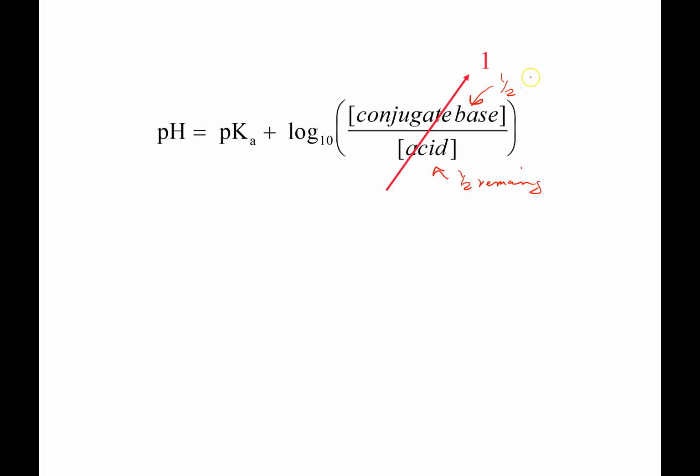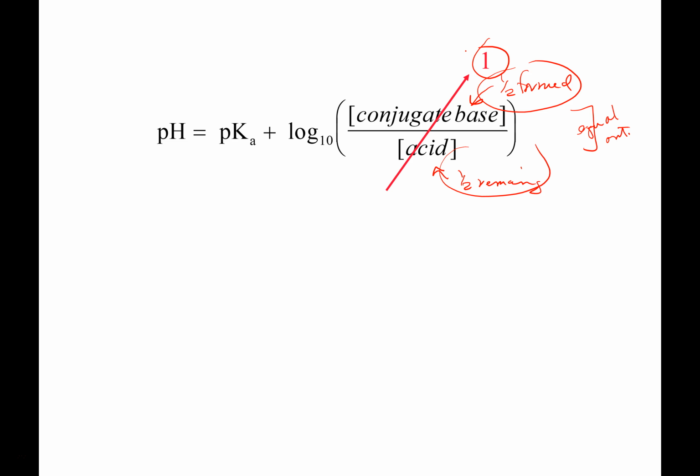So we have equal amounts. And if you divide things that are in equal amounts by each other, guess what? You get 1. That makes sense?